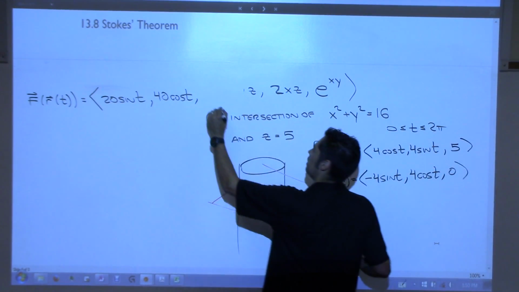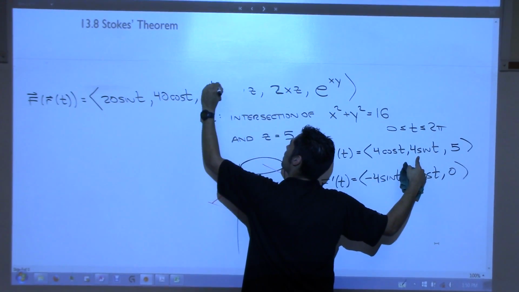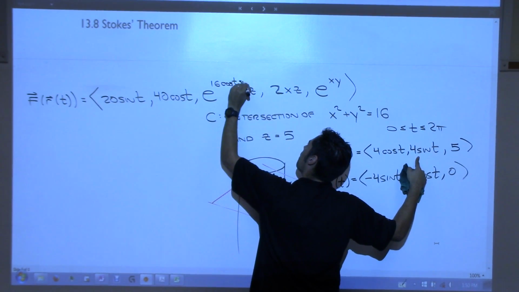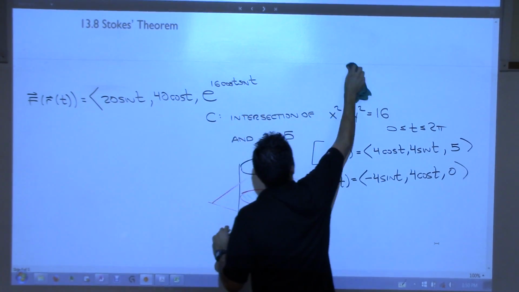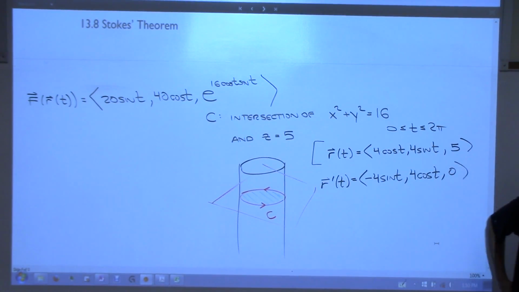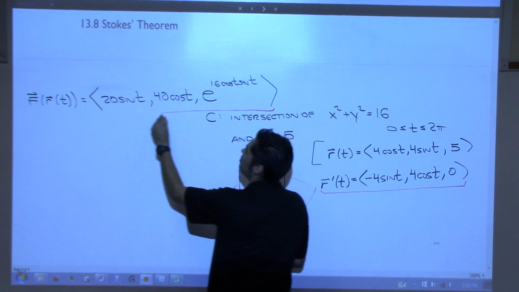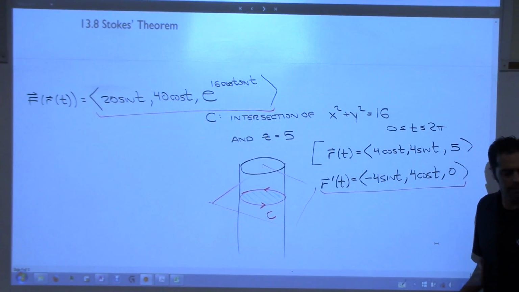E to the 16 cosine t sine t. That's F of r of t. And I'm supposed to take that and dot it with that, right? I need to dot those two together and then do my integral, and I should be there, right?